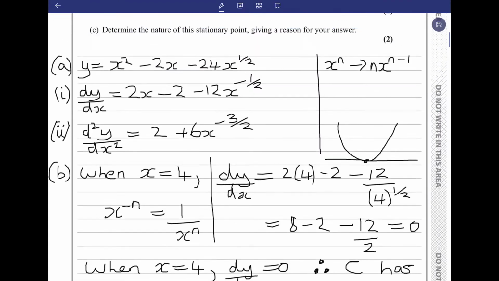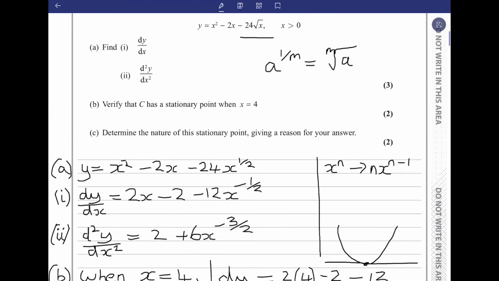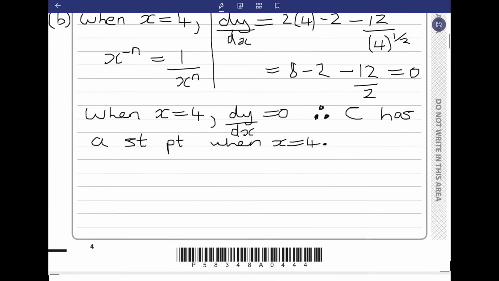So there we go. That's part B. Part C: determine the nature of this stationary point, giving a reason for your answer. Now there's a couple of ways we can do this. One way is to use the second derivative, and we can also do it using the first derivative. But as we've calculated the second derivative, we might as well use it. So all we have to do here is plug in x equals 4 to the second derivative.